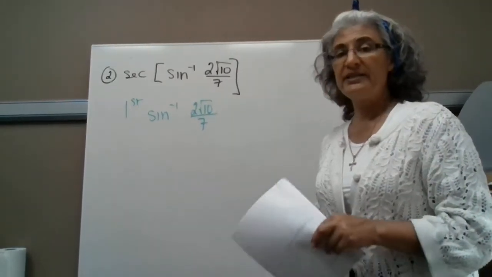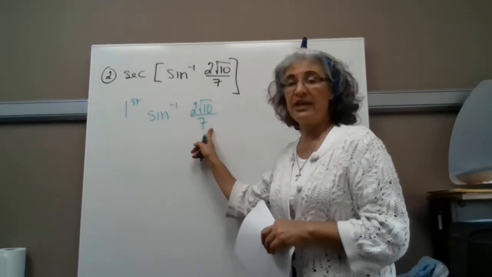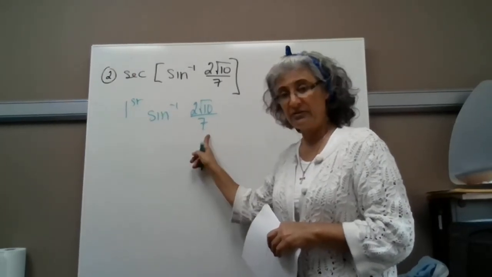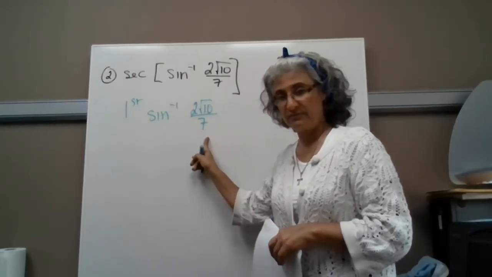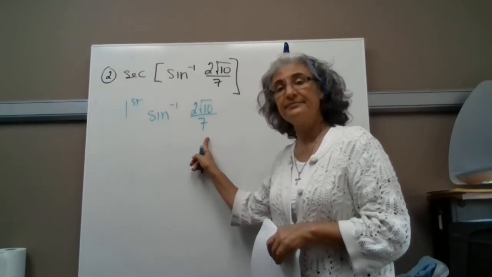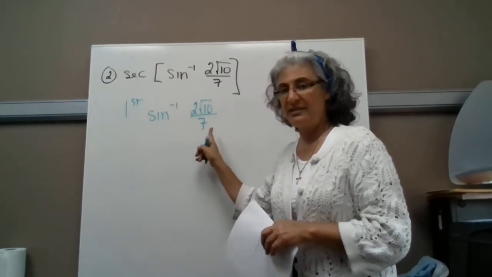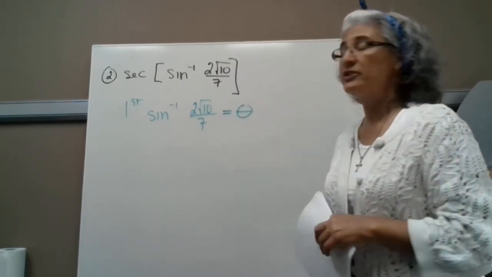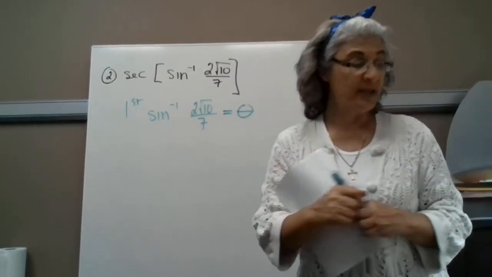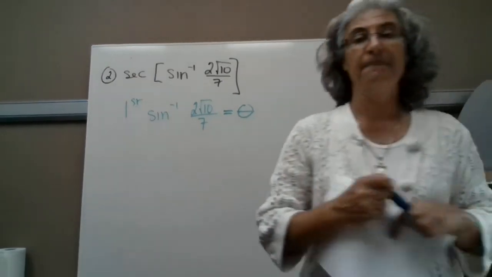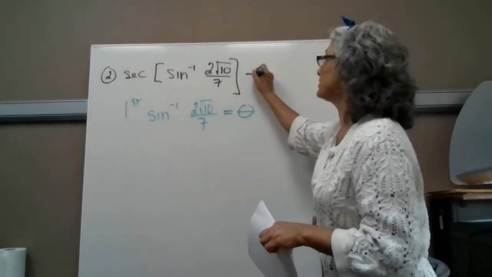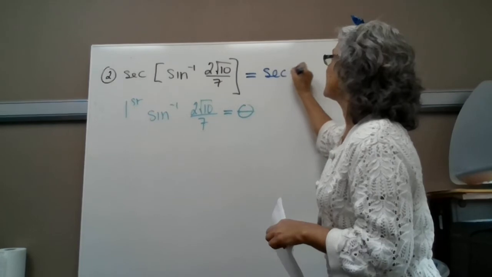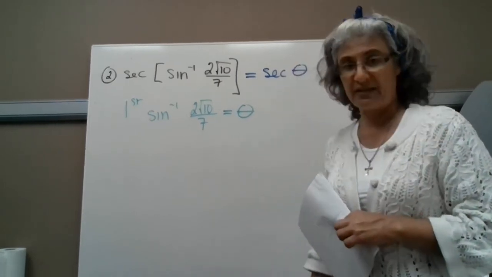Now, we need to figure out, is 2 square root 10 over 7 the angle or the answer? Give you 1 second. Correct. This is the answer, which means we're trying to find theta. We're trying to find the angle, which means what we're really trying to do in the original problem is find the secant of theta.